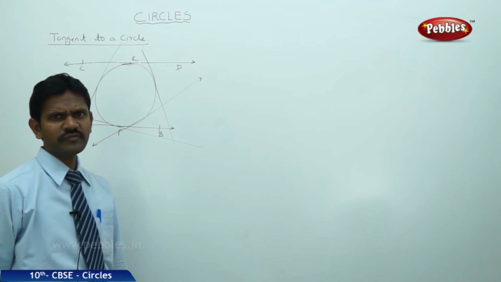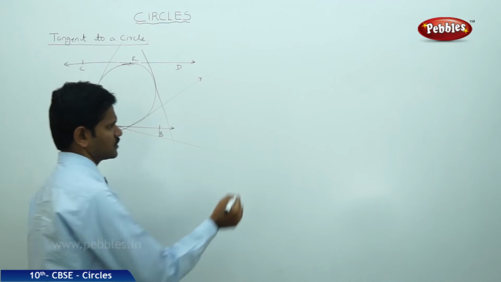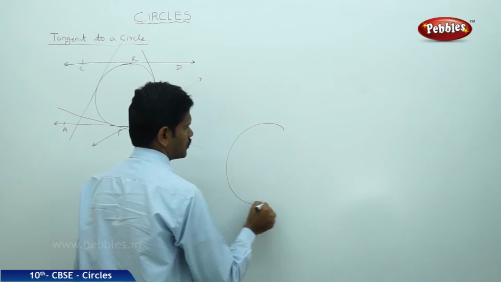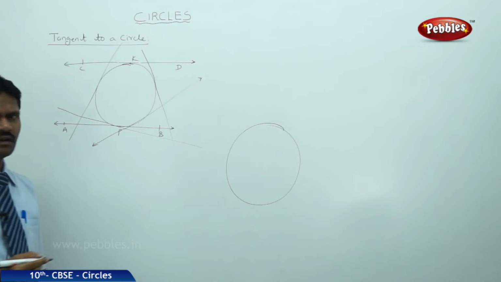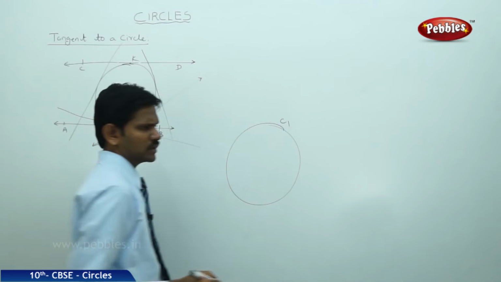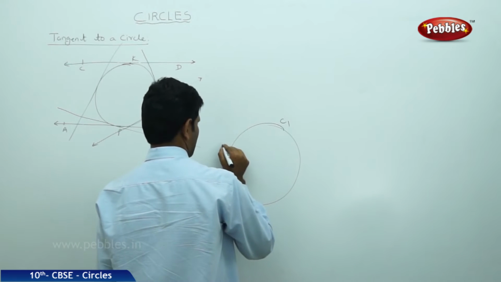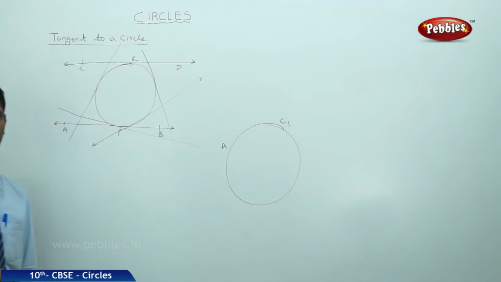Next, the number of tangents that can be drawn to a circle from a fixed point. Suppose this is a circle, named C1, and a point A is here.